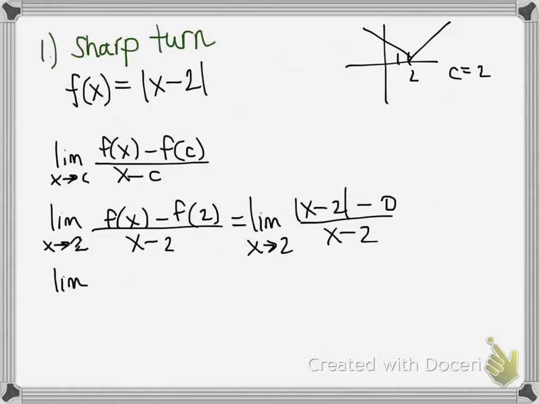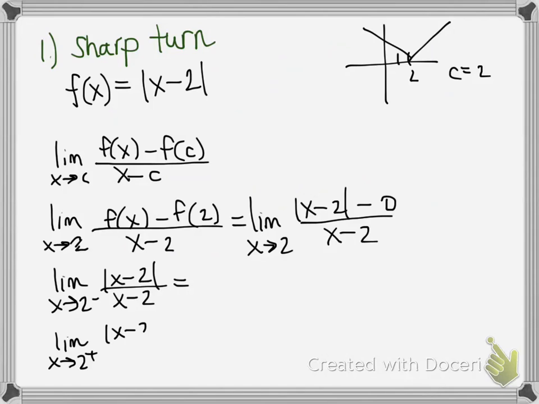So if I take a look at the left-handed limit as x approaches 2 from the left of the absolute value of x minus 2 over x minus 2. And I need to look at the limit as x approaches 2 from the right of the absolute value of x minus 2 divided by x minus 2. If I make a table approaching 2 from the left, that's something like 1.999, and we will see that it approaches -1.